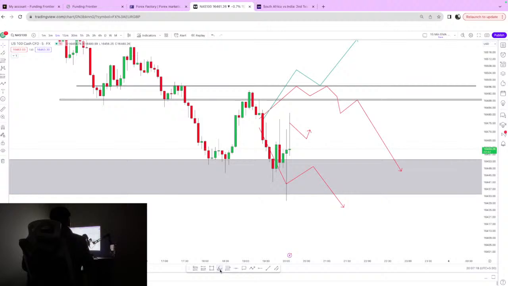Let me tell you one more thing. If this candle now closes red, listen to me very carefully. If this candle now closes red below this, it will be a second confirmation for a down trade also. Getting it? First was the breakout of this level, second is again a bearish engulfing.